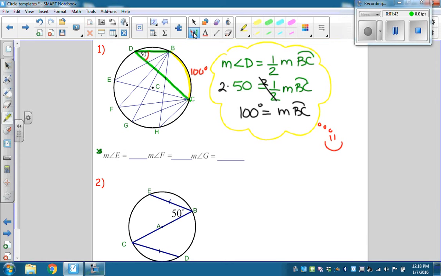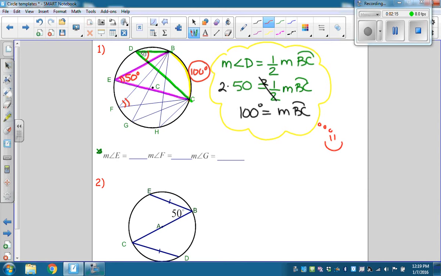The reason that helps me is I'm looking for angle, let's say E, and if you do the same process with E, you notice that E also intercepts this arc. Since E and D intercept the same arc, we didn't really need this step, although I think it's helpful as an intermediate step for you to understand. But E and D intercept the same arc, so E and D have to be the same value.